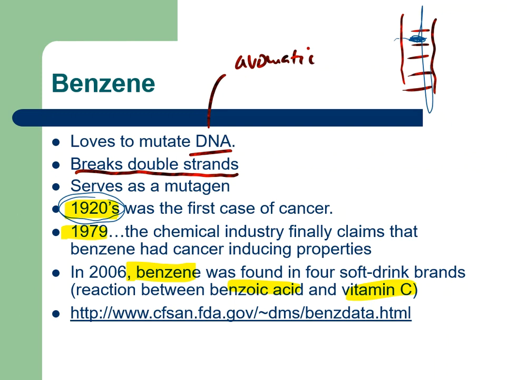But the problem is that benzene was contained in these drinks that you were drinking, and this is a toxic, and this is a poison, and it's a mutagen. So this is a problem with the structure. So if you want to know more about the soft drink industry, because there were tons of them that did it, and it wasn't just soft drinks, there were things like Juicy Juice as well.